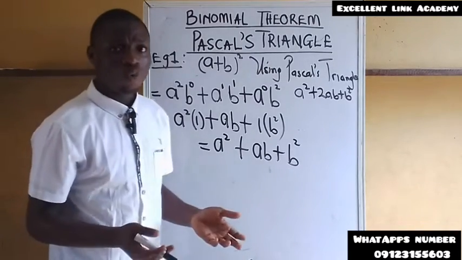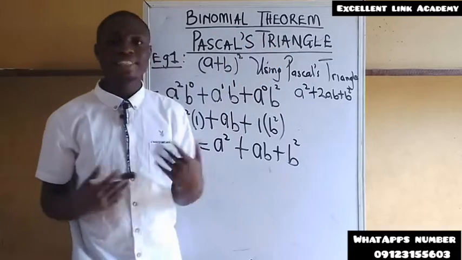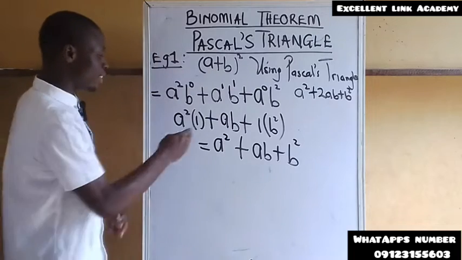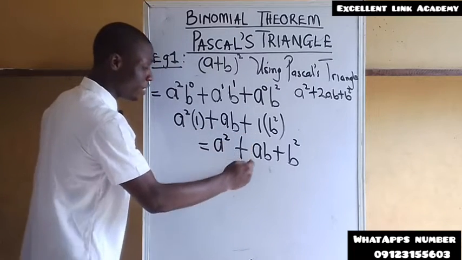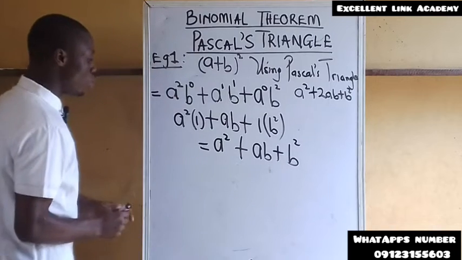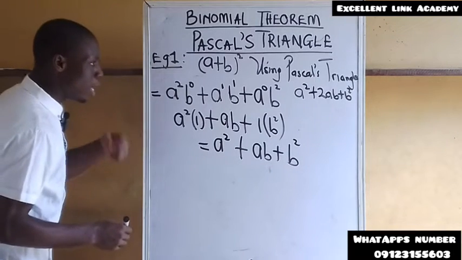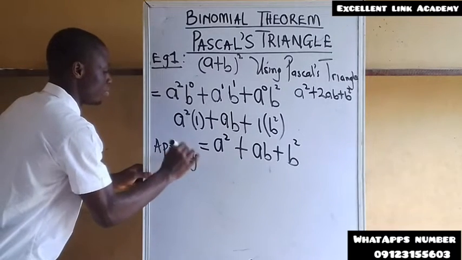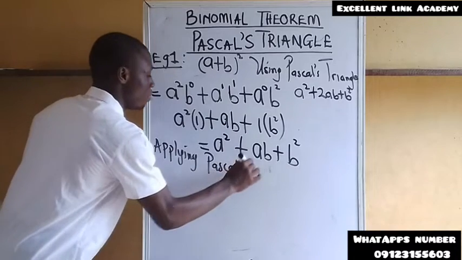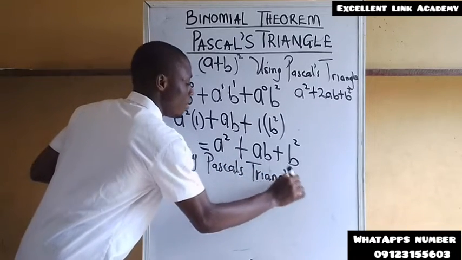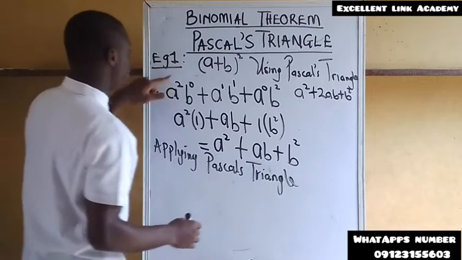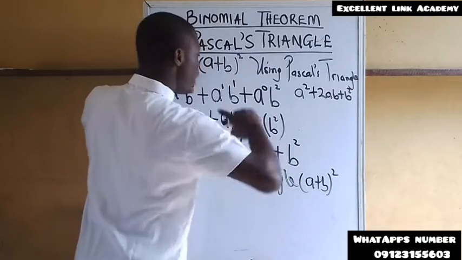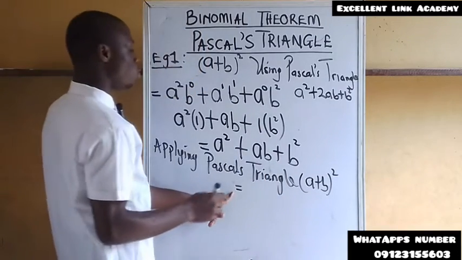So we have not finished solving this. If you recall, when I defined Pascal's triangle, I said it helps to give the coefficient of the terms in an expansion. That is, there is a coefficient here, a coefficient must be here, and a coefficient must be here too. So now, applying Pascal's triangle, we have A plus B to the power of 2.